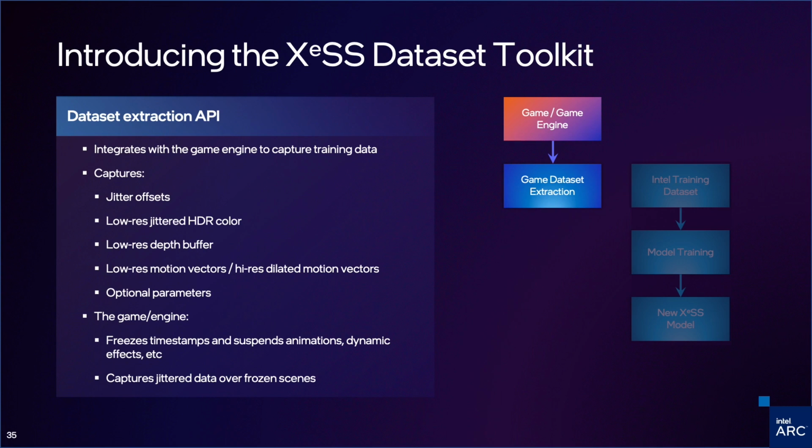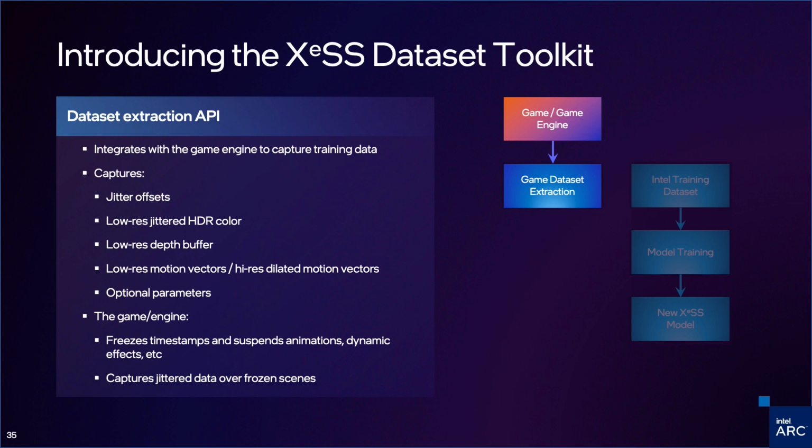It is important to note that the game engine needs to be able to freeze a particular frame and re-render it multiple times with different jitter offsets. This means that the engine needs to freeze time and suspend animations along with other dynamic effects for that particular frame to make that frame fully frozen and static.